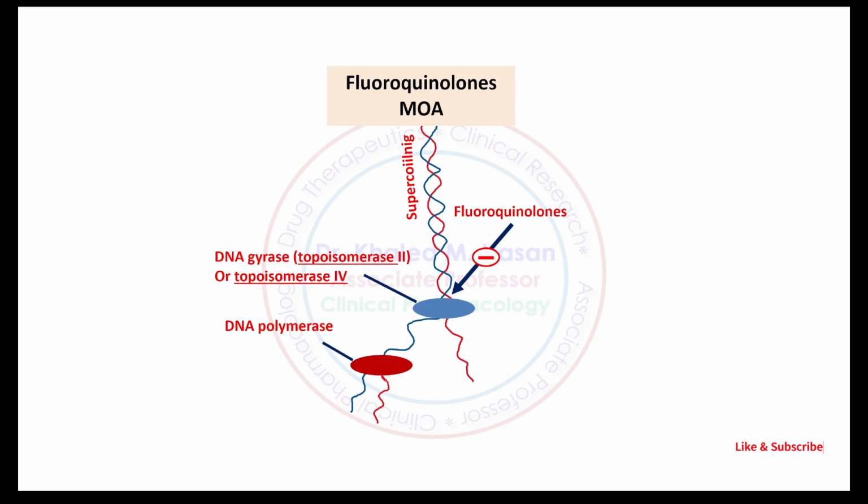So topoisomerase 2 and 4 are responsible for replication and growth of bacteria. As you can see here, our fluoroquinolone medication inhibits these enzymes. It inhibits topoisomerase 2 and topoisomerase 4.